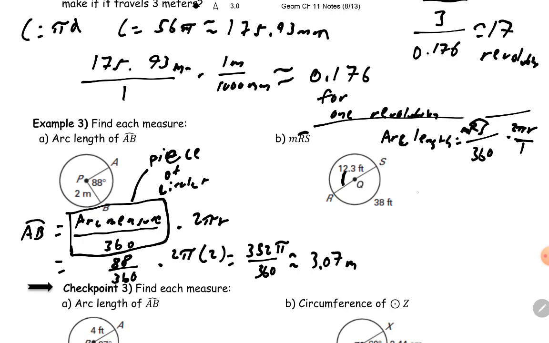So we're going to put in what we know. We know that the arc length is 38 feet. And we're looking for the measure of the arc over 360 times 2 times pi times r, which is 12.3.